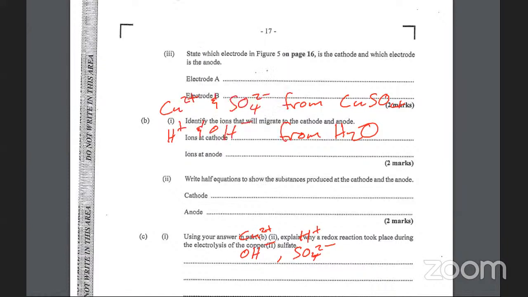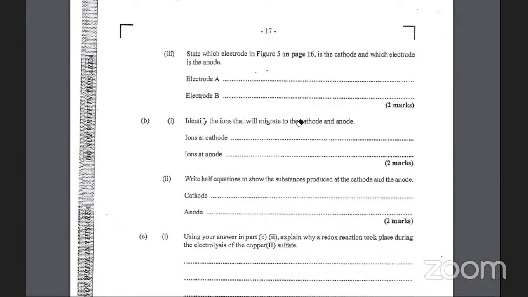But because we're using an active electrode, it's not the hydroxide ion, the sulfate ion, or the hydrogen ions that you're going to write the half equation for. So at the anode, we know that oxidation occurs, but it's not the sulfate or the hydroxide ion that is going to be oxidized. It's going to be the copper electrode. So they're going to have oxidation of the copper.